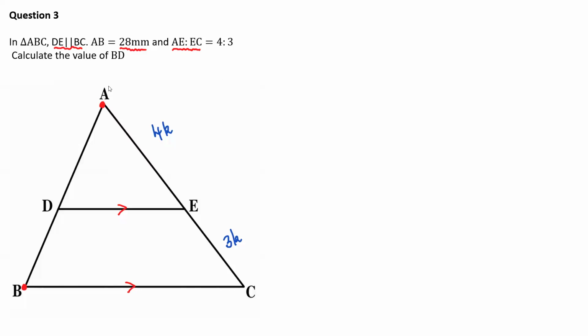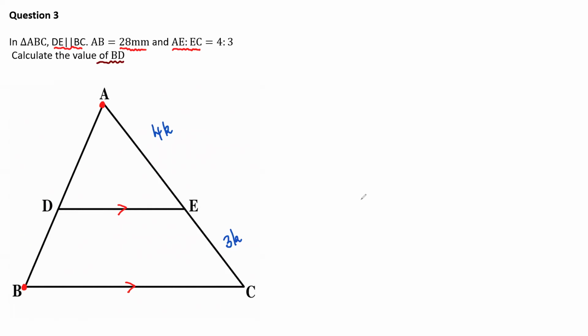Calculate the value of BD. They want BD, I'm looking for the value of BD. Now work with me. Notice that I don't know AD. All I know is AB.